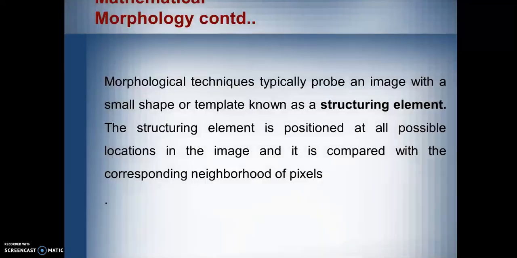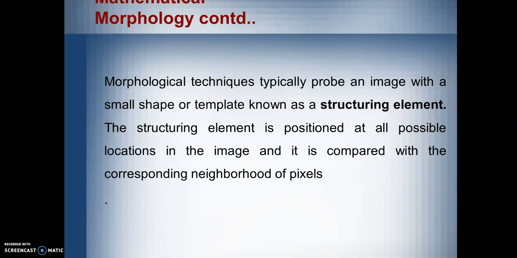This mathematical morphology is used in image processing by defining a matrix or small image called a structuring element. We'll also call this a template. This structuring element is positioned in your original image.